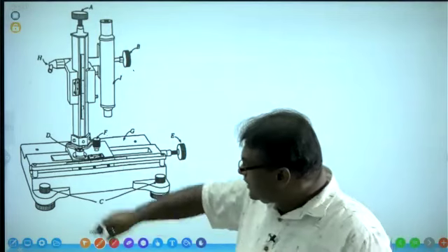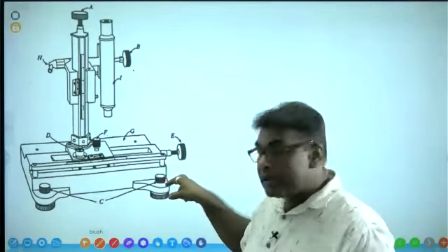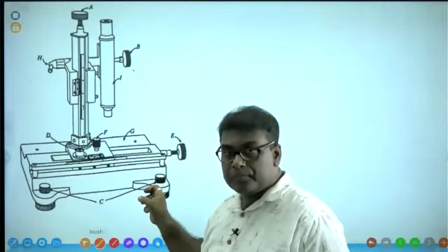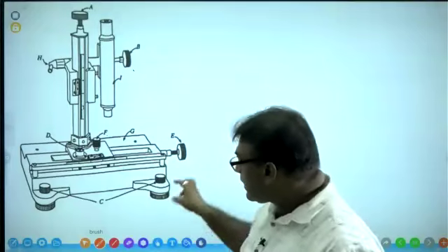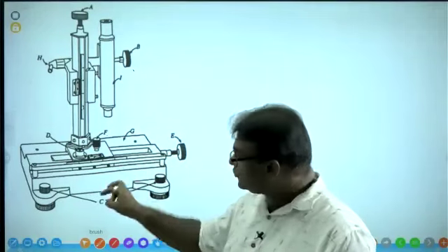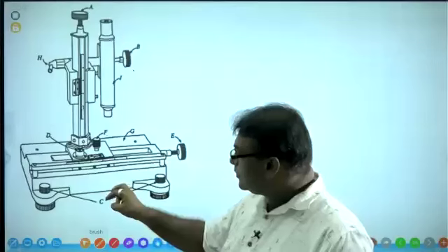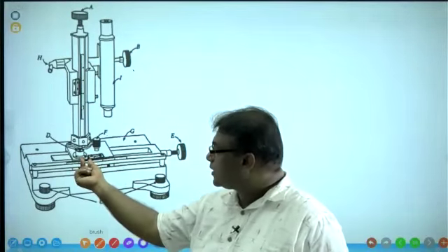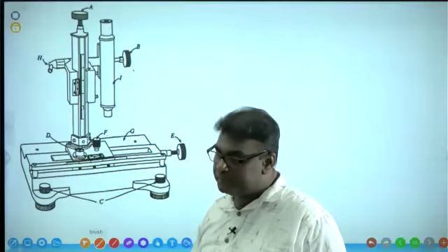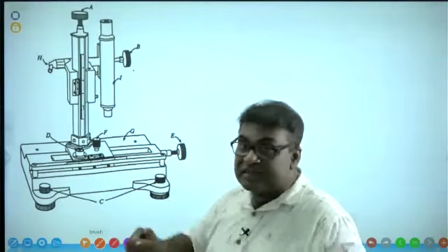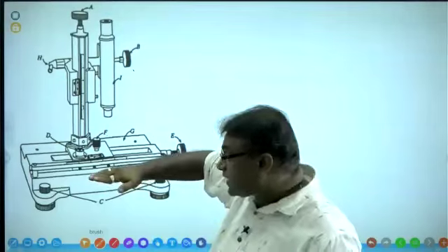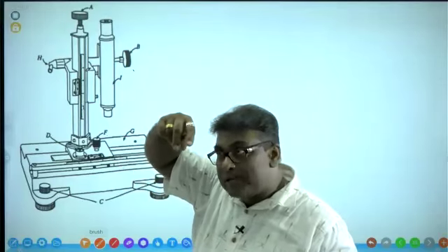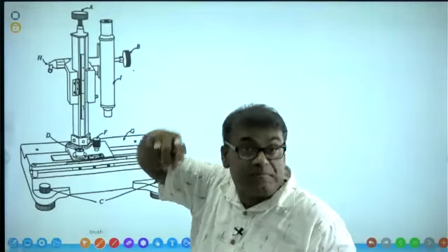How can we level the traveling microscope? By turning the leveling screws, or adjusting the level screws. We have 2 level screws, no? By turning the 2 level screws, obtain the horizontal leveling with the spirit level. Spirit level consists of an air bubble, no? If it is perfectly horizontally leveled, the air bubble in the spirit level should be at the midpoint.